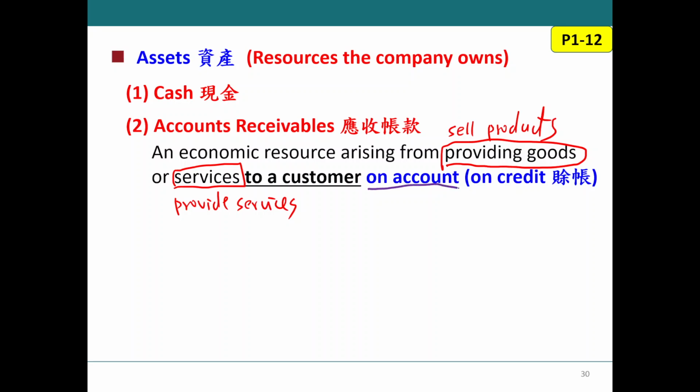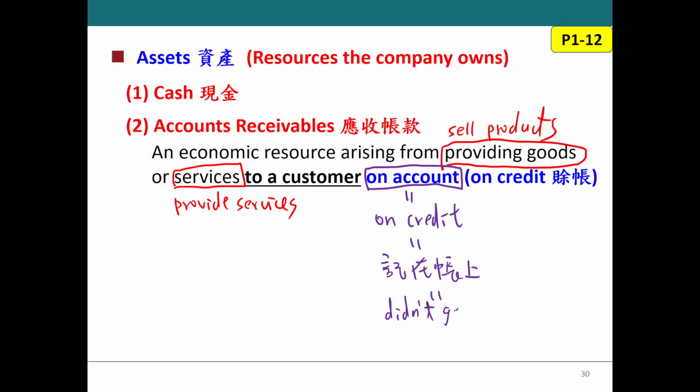On the account means on credit, means 记在账上, means didn't get the cash. Okay, so means what?